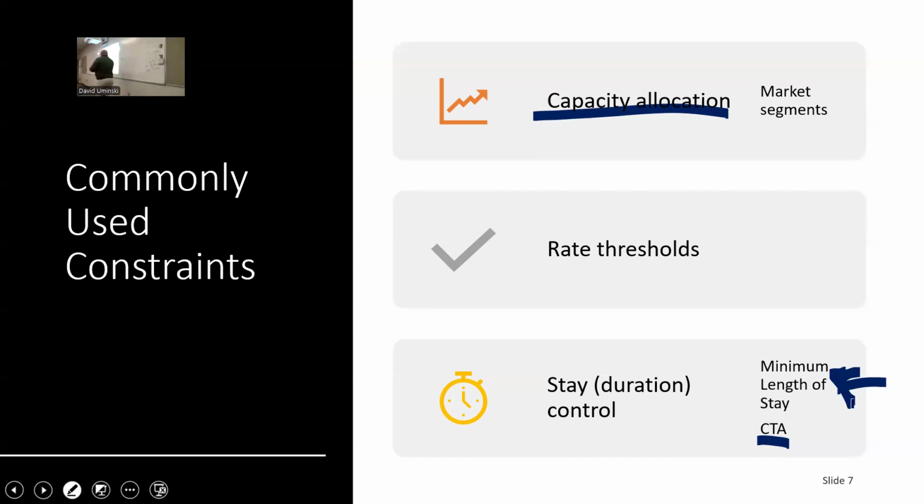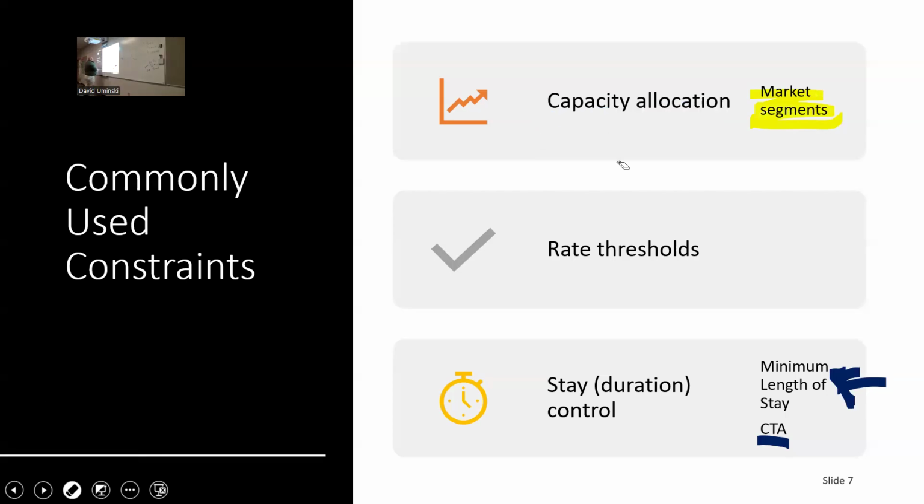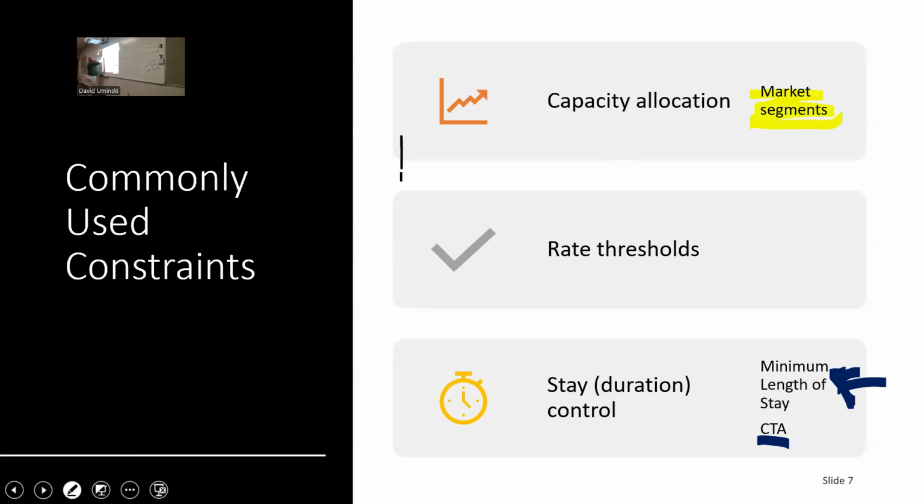Okay. So let's talk about capacity allocation. When it talks about market segments, what do we mean? What are the 3 major market segments that we deal with in a hotel? Business. Okay, business is one.